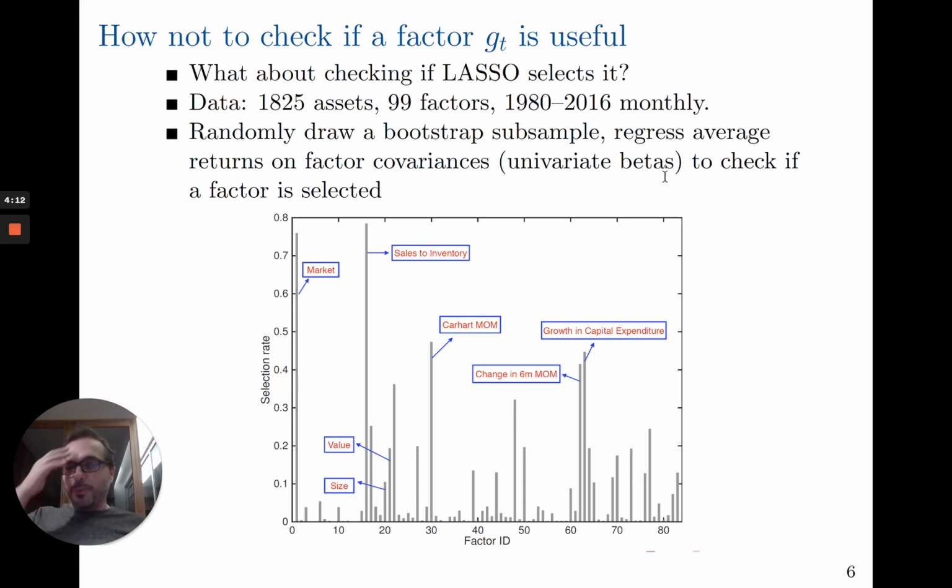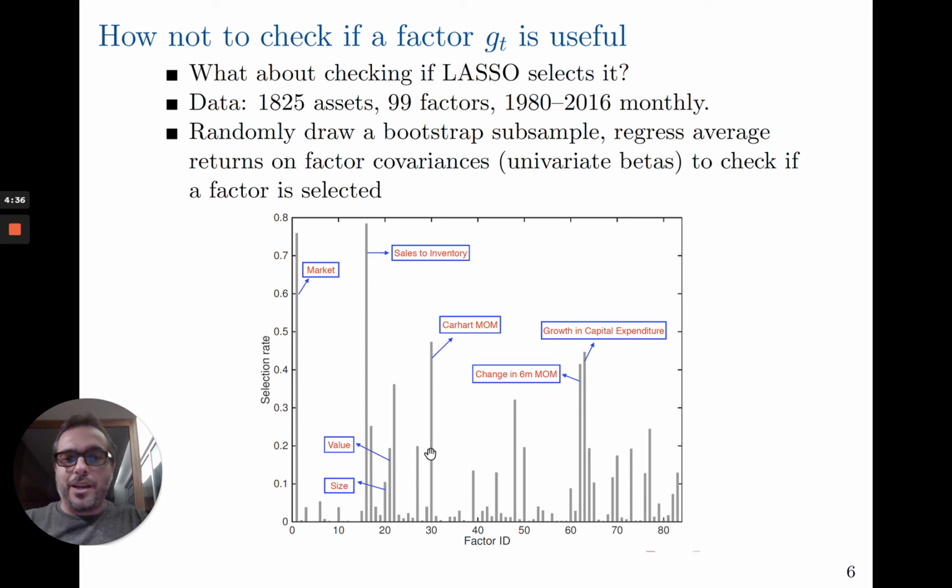What we see here is that we have results all over the place. Even prominent factors like the market are not selected 100% of the time. There are some samples where it's not even selected. Size and value factors are not selected that frequently.